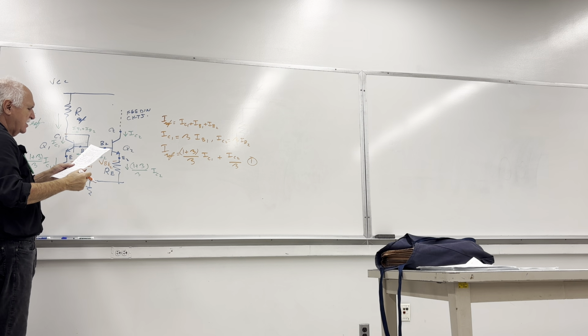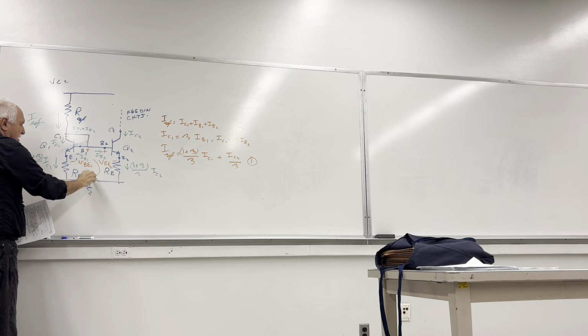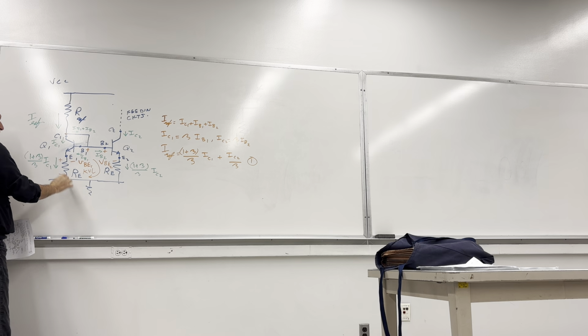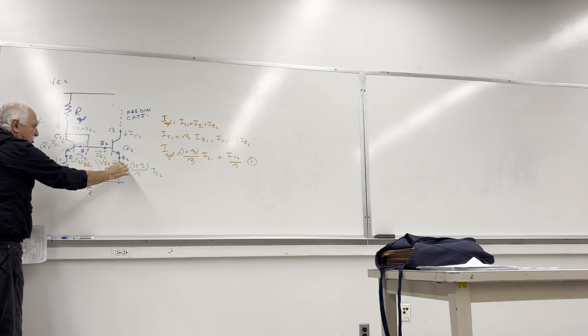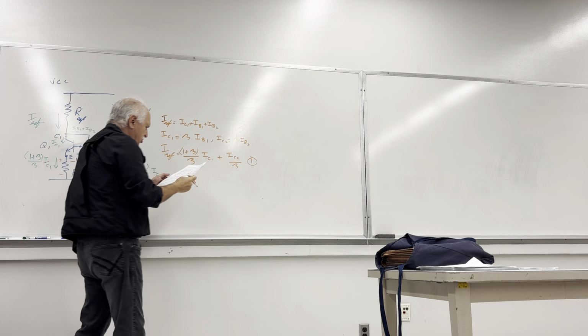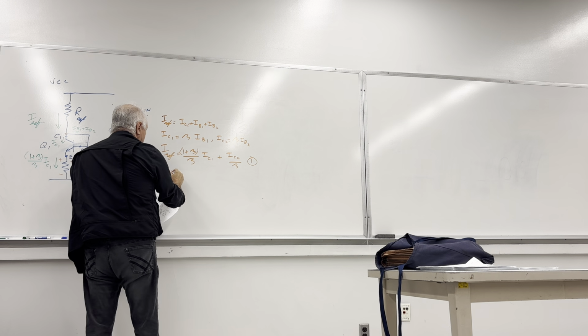So we apply the KVL in this loop here. Going voltage, voltage, then reducing again voltage across that resistor. So it adds up to equation 2. This is the KVL.